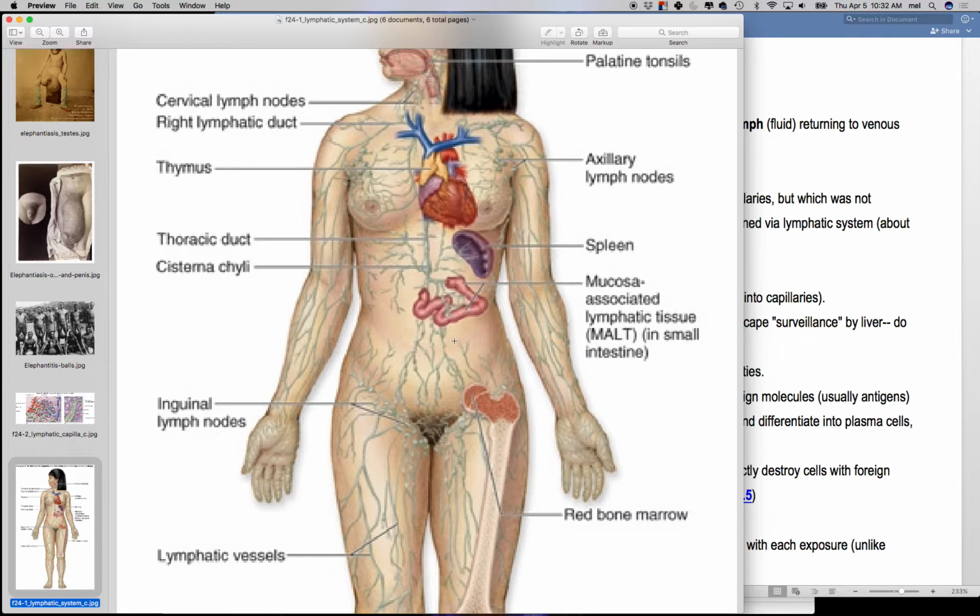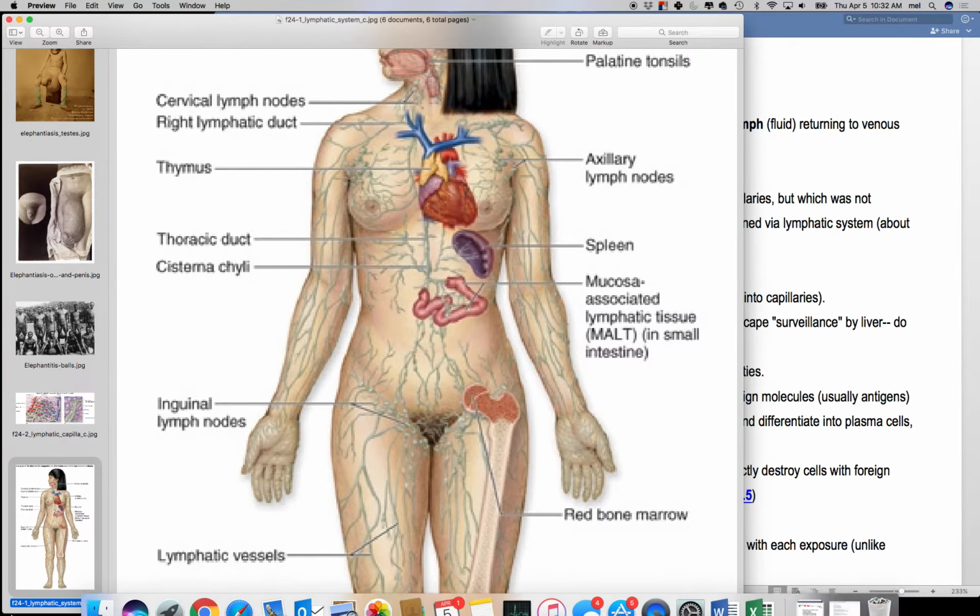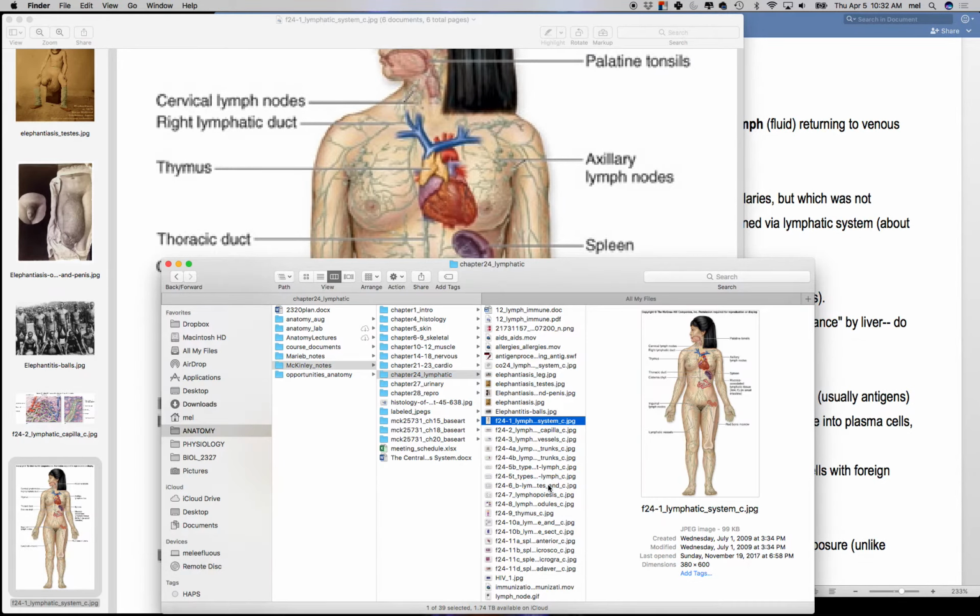So why haven't you found them in the cadaver? Because they're really hard to find. What you can find in the cadaver, however, are these little lumps on the lymphatic system called lymph nodes. Okay, so we are going to find a better picture than that one. That one's low resolution. I'll get the other one.